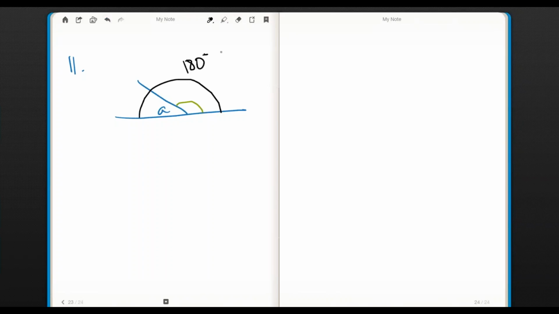So if that's 180 and this part is A, the part I'm missing would be 180 minus A. See what happens when I subtract the A part? If I get rid of that, what I have left over is this one that I'm looking for. So that's 180 minus A degrees.